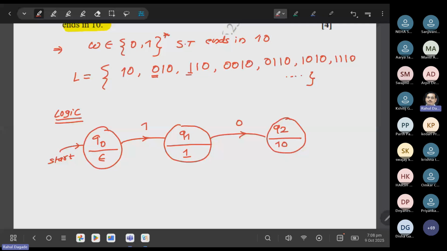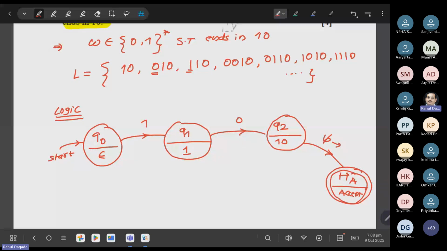Now in the Q2 state, if I get end of input, that is blank, then I'll come to the halt state. Let us call this HA, halt accept. It is the accept state. Okay. Let us have this as a final state called the accept state.